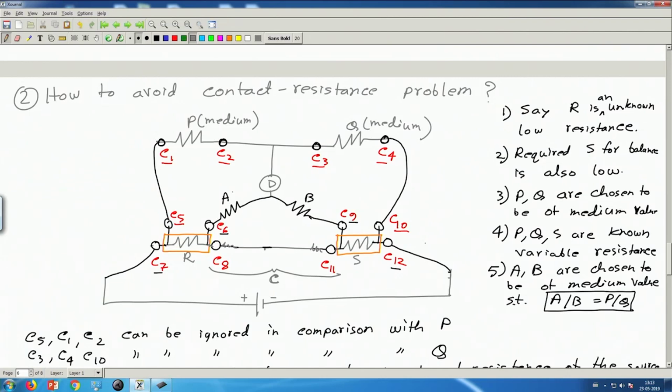We have to connect them in this way so that all contact resistances either go in series with a larger resistance and their effect is negligible, or they come in this branch of the Kelvin bridge which doesn't have any effect in the balance equation. So this is the beauty of this bridge. Whoever thought of this bridge, he might be a genius.